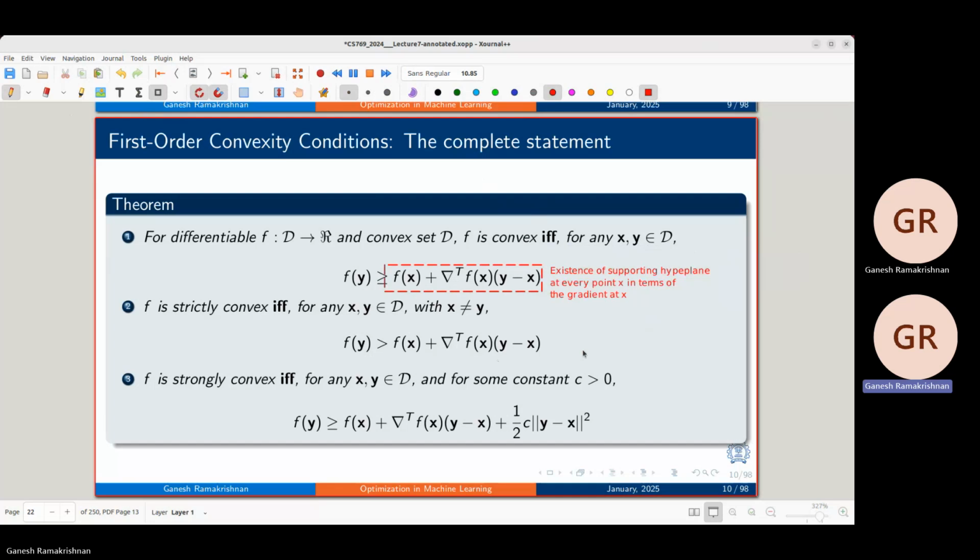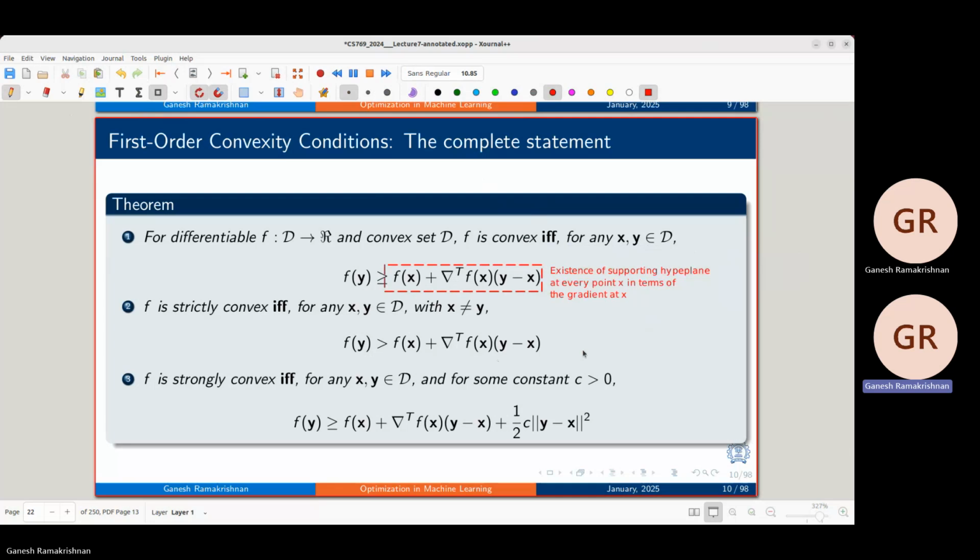Now think of this as a projection. The gradient is going to be in R^n, not R^(n+1). But the supporting hyperplane is characterized by this vector, which just gives you the direction. There's one more component I'm adding to that vector, which is in terms of f(x).